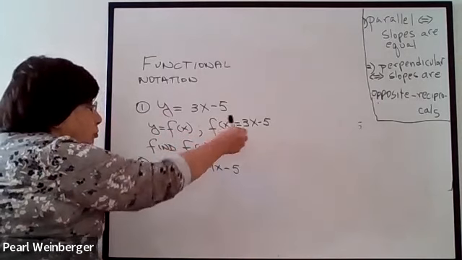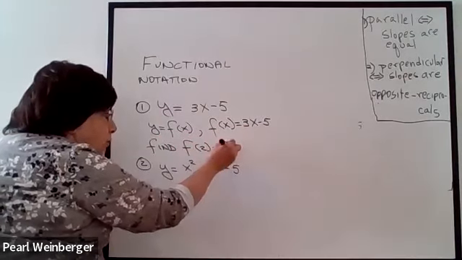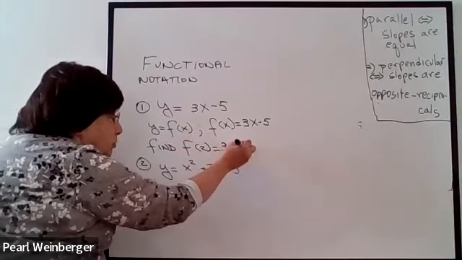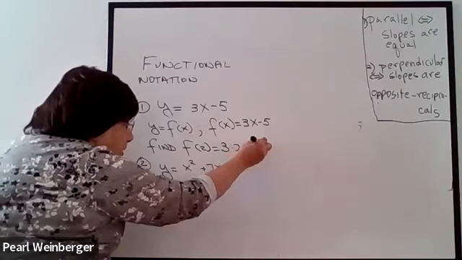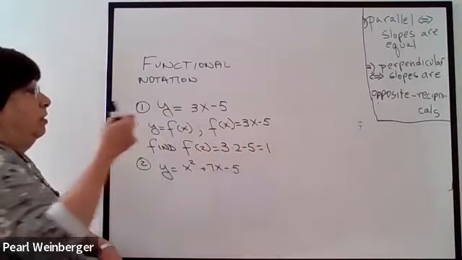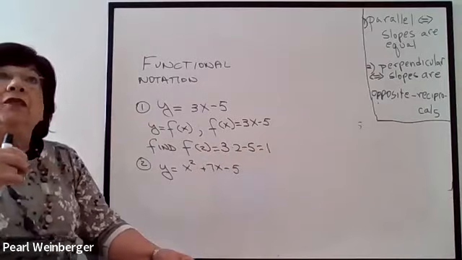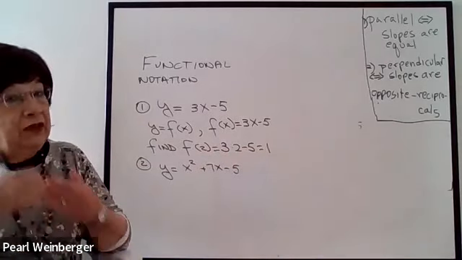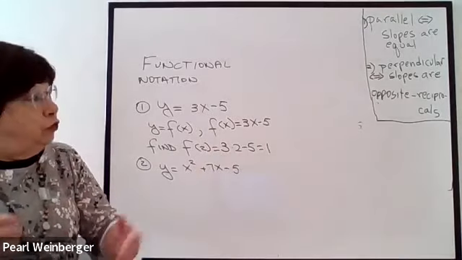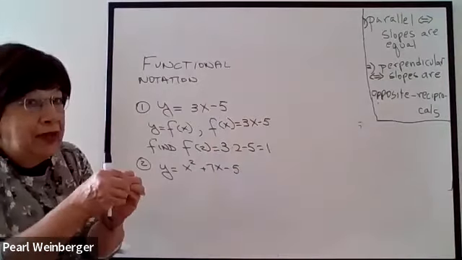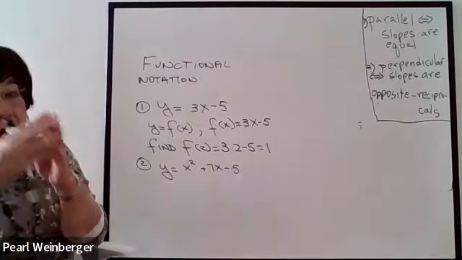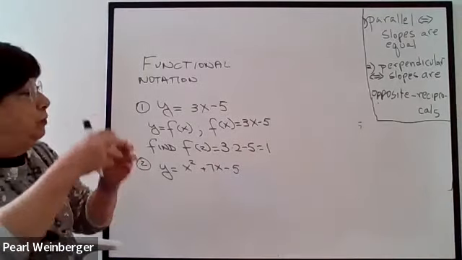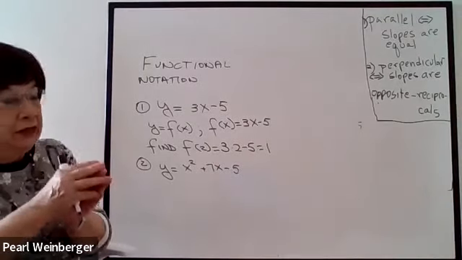That means just go to your equation and replace the x with 2. And again, we get 1. Instead of saying the y value when the x is 2, all we have to do is say find f of 2. F of 2 is 1. That means the y is 1. The f is the y value. F of 2 means the y value when x equals 2.